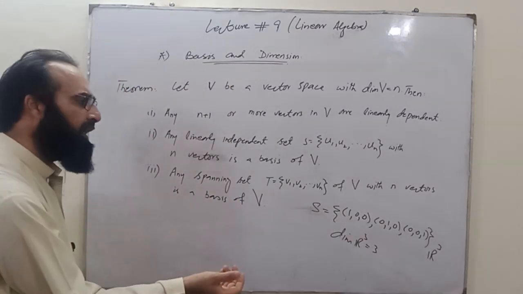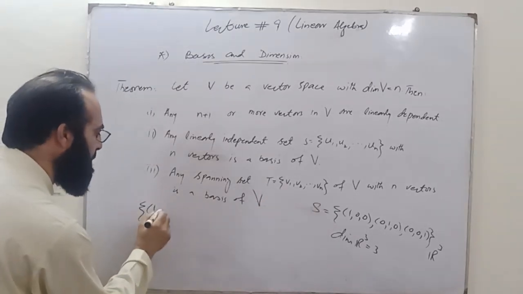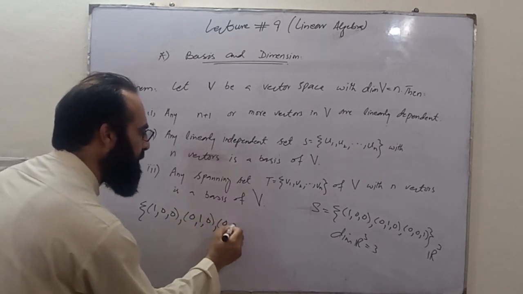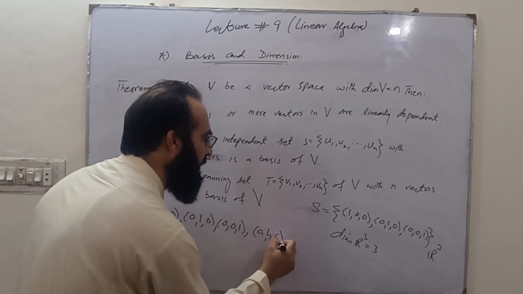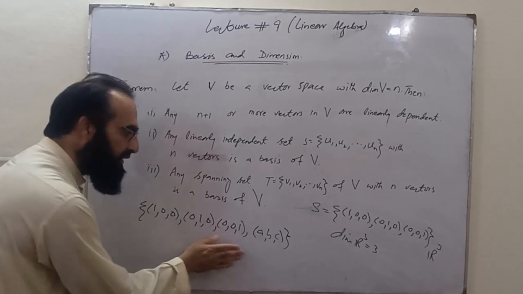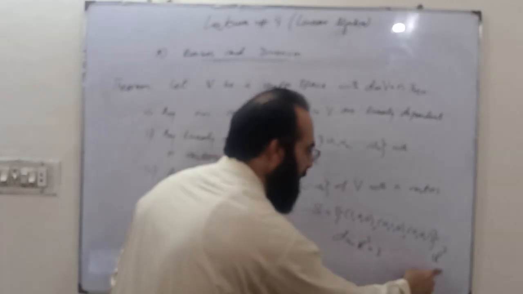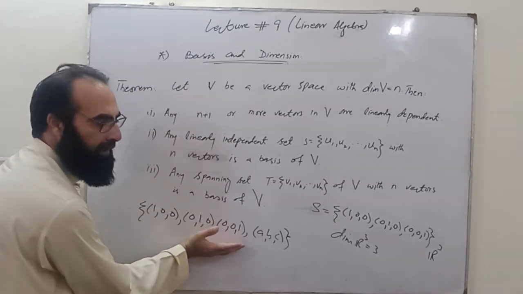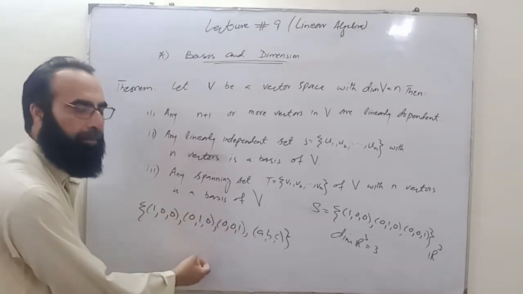If we incorporate another vector in this collection, then this collection will become the vector 1 0 0, the vector 0 1 0, the vector 0 0 1, and say we incorporated another vector a b c. Now remember, this new collection will remain a spanning set for R cube, but this collection will not be independent, and you can verify these vectors very easily.